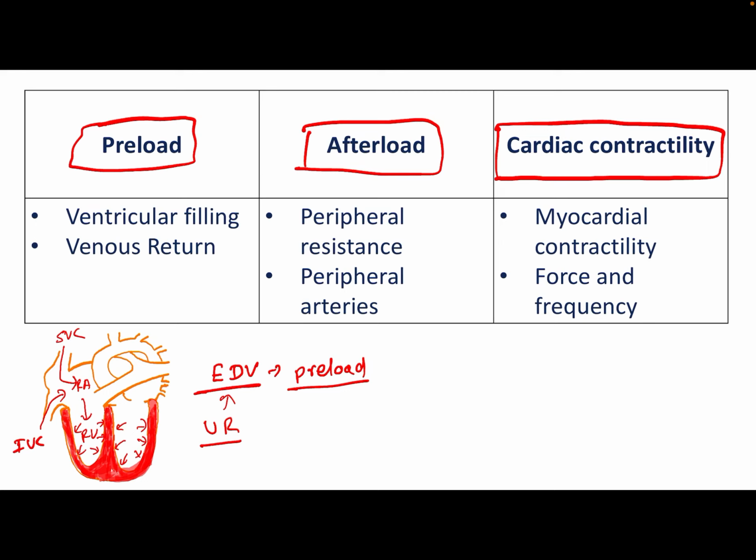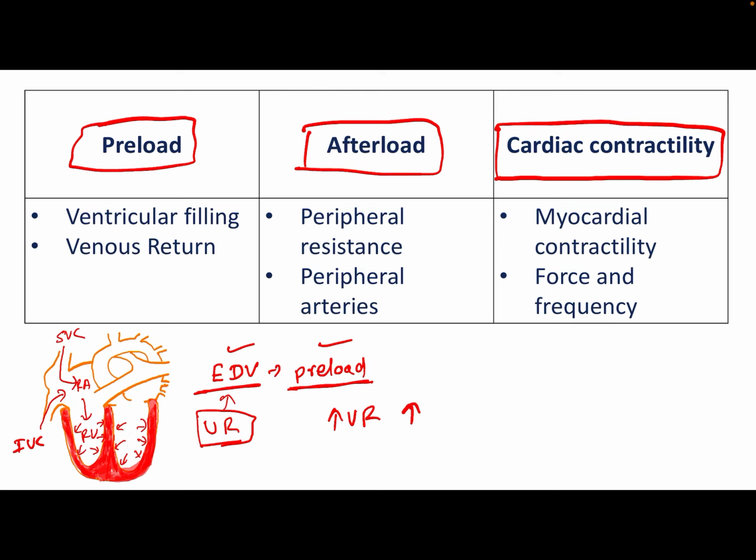So this end diastolic volume exerts pressure on the cardiac muscle before it contracts. That's why end diastolic volume becomes the preload, and it is determined by venous return. So venous return is important for end diastolic volume, which is nothing but the preload.